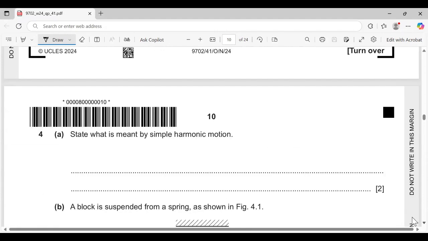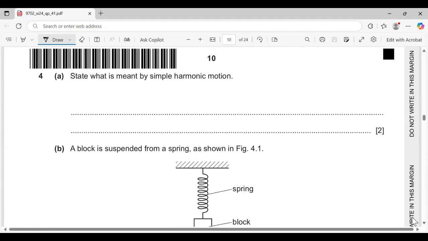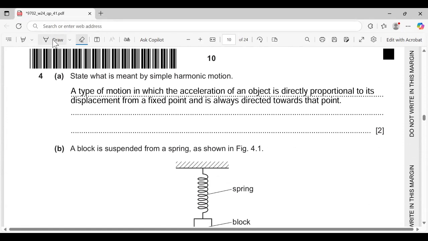Number 4, next question. State what is meant by simple harmonic motion. I have provided my explanation about this briefly. Let's continue to the next question. A block is suspended from a spring as shown in figure 4.1.